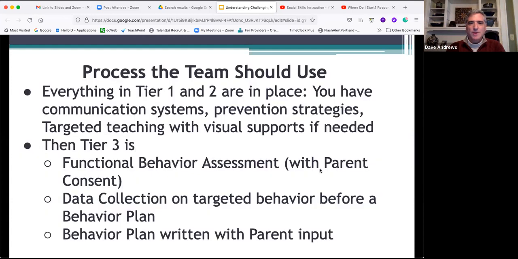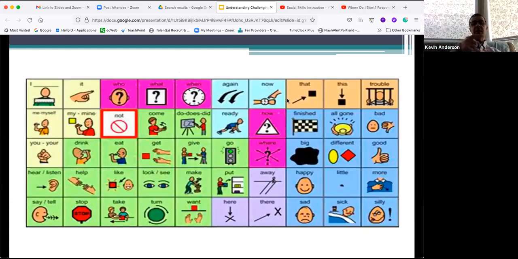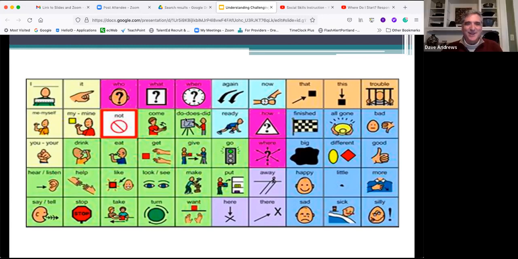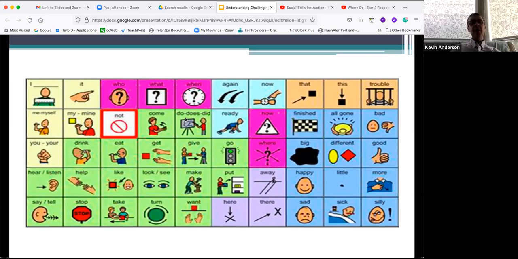Before we jump into this, I think it's really exciting. I have seen some core boards now being installed in playgrounds at elementary schools. There's one at Cherry Park. They're putting in this prevention strategy, using these strategies to help children communicate their wants and needs to other children.